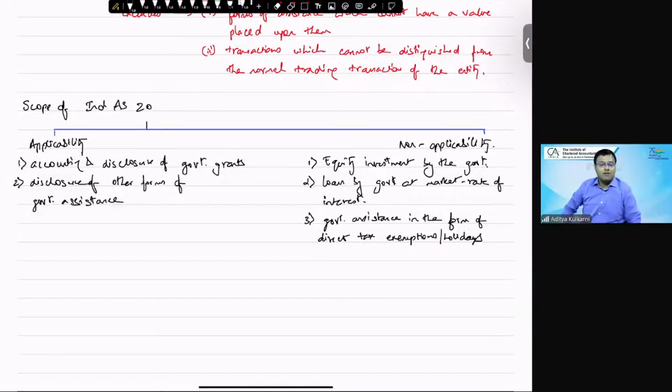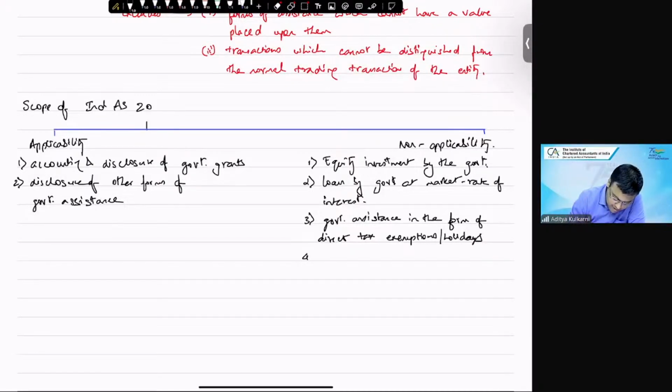You get a refund of the taxes which you have paid in cash, which is basically output minus input that you are setting off. Are we okay? So this is not in any manner related to your taxable profit or loss. So probably these could get covered under government grants. Is it okay? So that is your exclusions. Direct tax related exemptions, holidays are excluded.